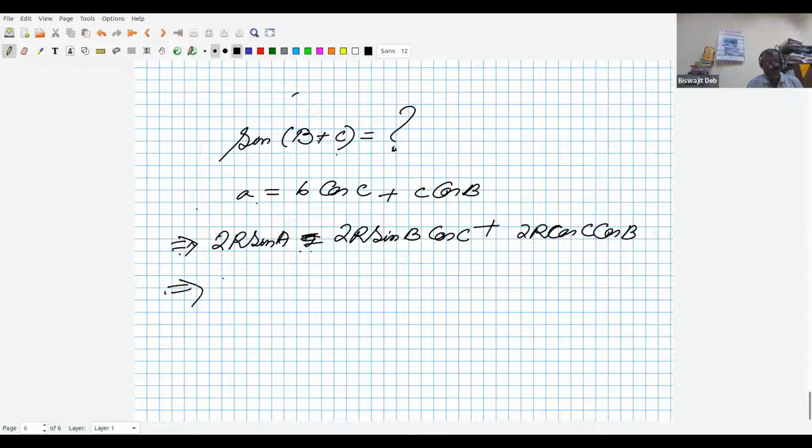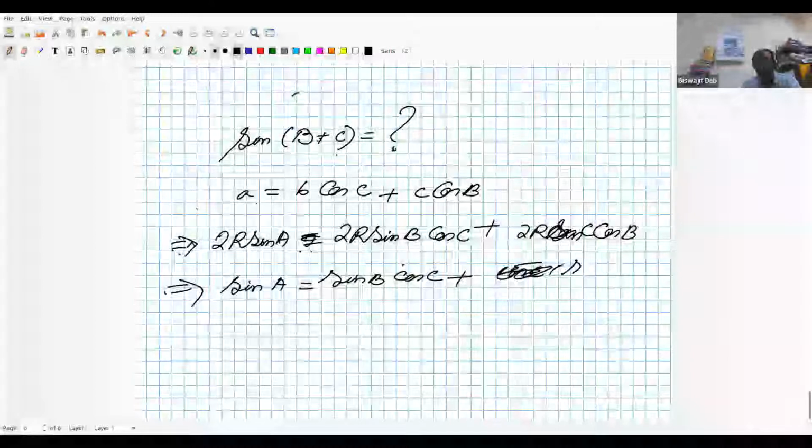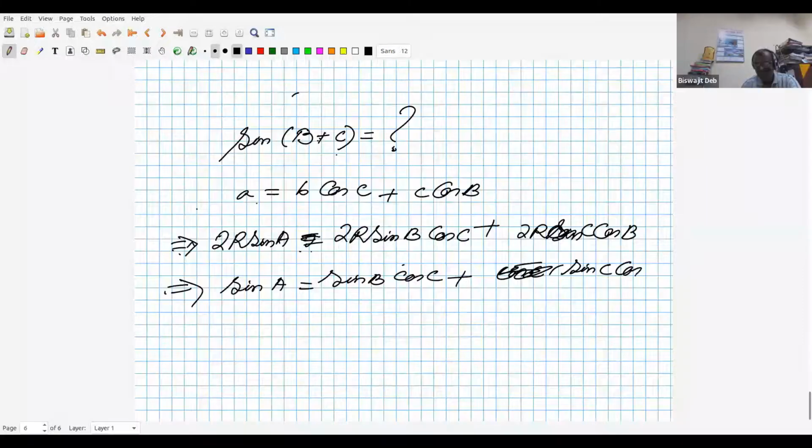Now if you cancel this 2R, what you get is sine A is equal to sine B cos C plus sine C cos B.